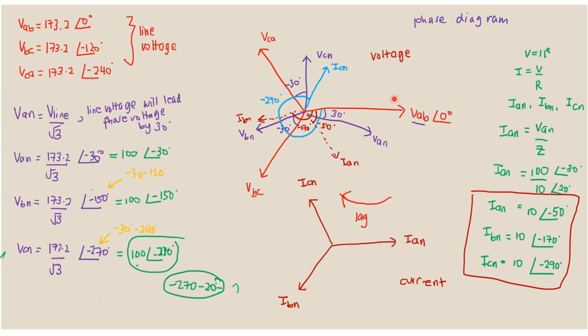You start from your reference voltage first, like how we did here, then we go to the phase voltage. Once we calculate the phase voltage and draw the phase diagram, we start calculating the current based on Ohm's law. So that's all for example 2.3.